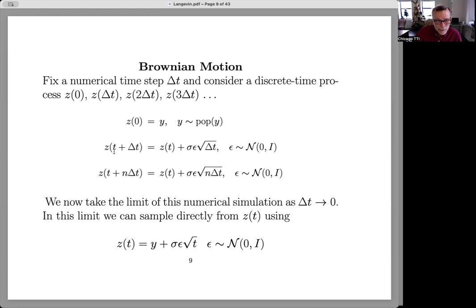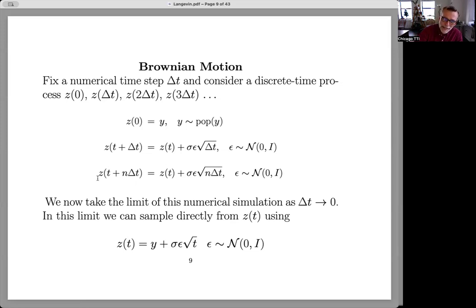I can sample from z plus delta t using this equation. I'm defining this to be the amount of noise I add in one step. I'm going to draw epsilon from this normal and then multiply by sigma and then take this single step.